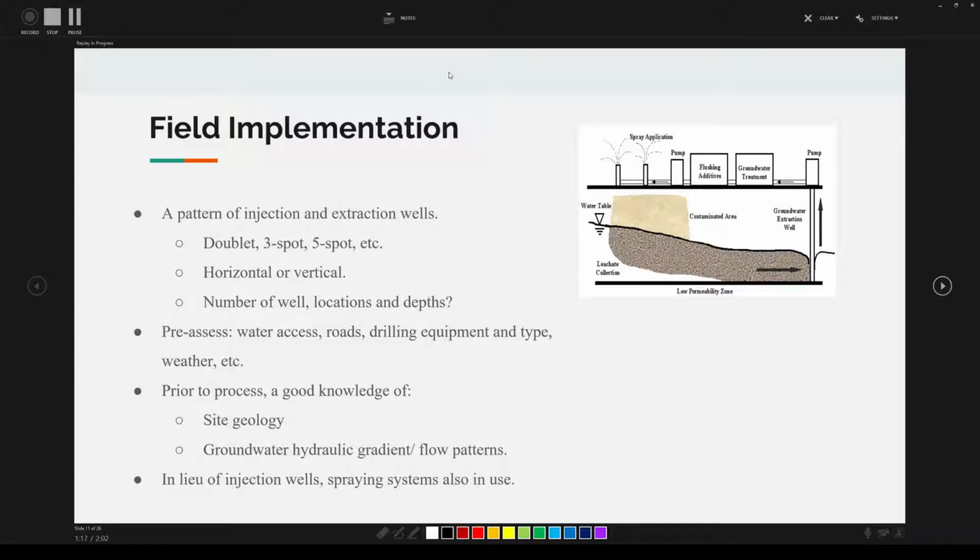We need plentiful access to water so that we can make our alkalis, surfactants, solvents, etc. Of course, we need roads to bring in the machinery. Drilling equipment depends on whether we have auger drilling or some kind of deeper wells, which also need casing, etc. We need to be careful about what time of the year we're doing this, because additives can be sensitive to cold weather.